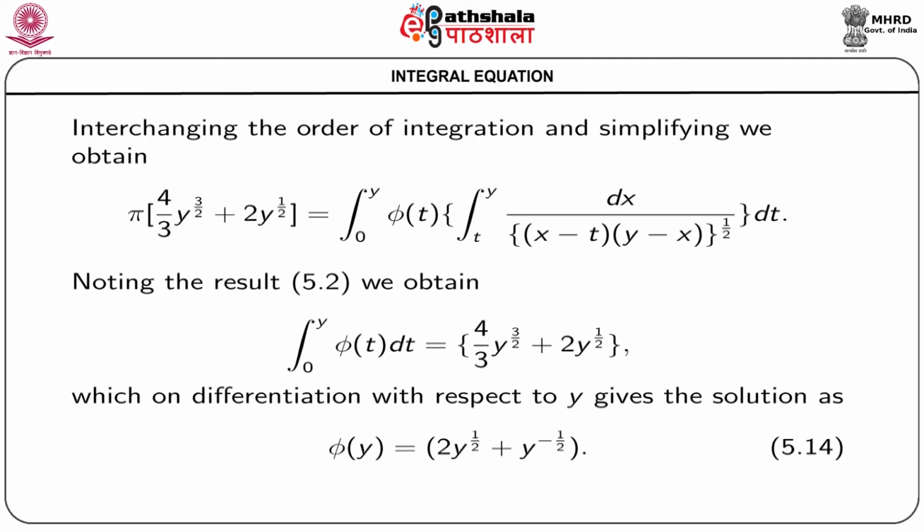As before, the inner integral, that is the x integral, can be simplified by substituting x equal to y sin square theta plus t cos square theta to get pi, and so we can write the integral 0 to y of phi(t) dt equal to 4/3 y to the power 3 by 2 plus 2 into y to the power half, which on differentiation gives phi as given in equation 5.14.